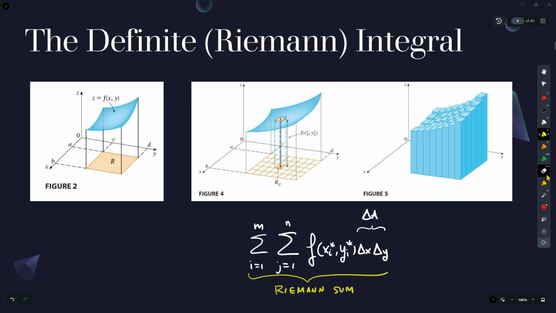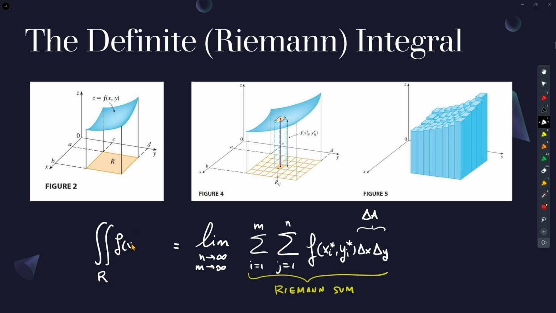And then we can take the limit, just like we did before. If I take the limit, and now it is a double limit as n goes to infinity and m goes to infinity, then this will be what we call the Riemann integral in this case, which I'm going to denote as the integral over the region R of my function times dA.